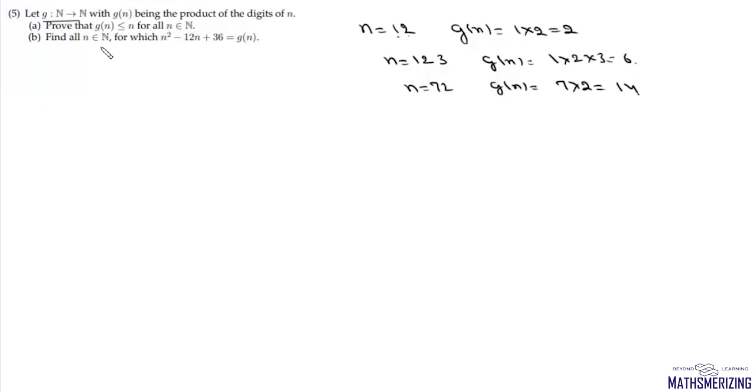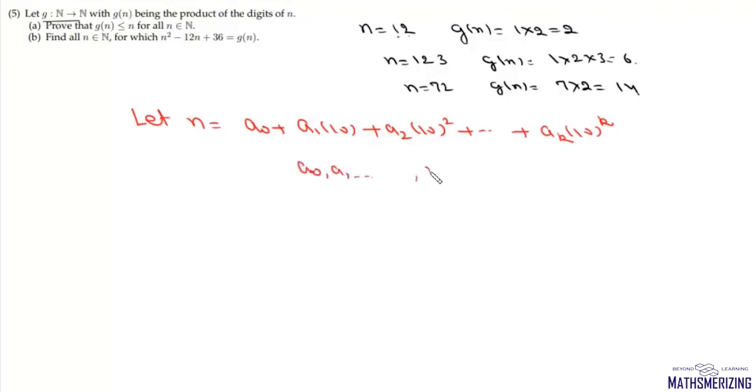Now since we have to write this n in terms of its digits, we can write n as: let n equal a0 plus a1 into 10, plus a2 into 10 square, and so on, plus ak into 10 to the power k, where each of a0, a1 up to ak minus 1 belongs to the set from 0 to 9, and this ak cannot be 0, so it belongs to the set from 1 to 9.